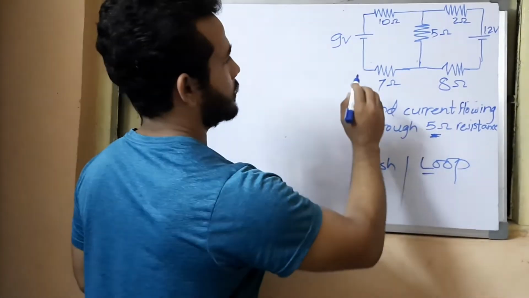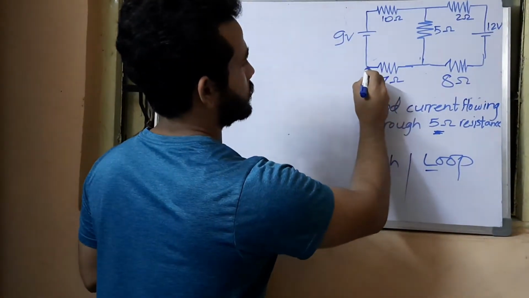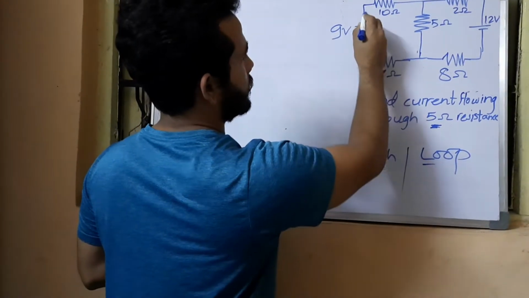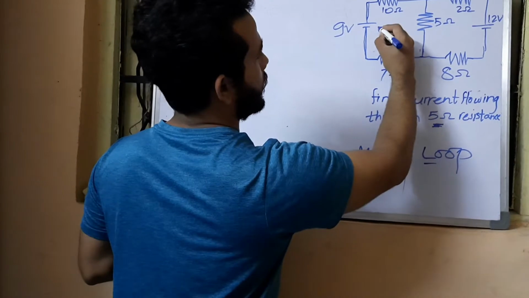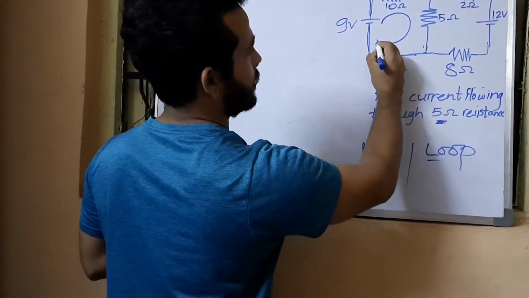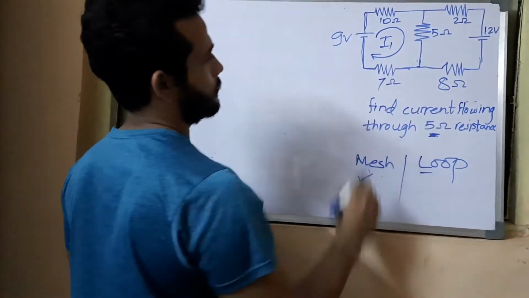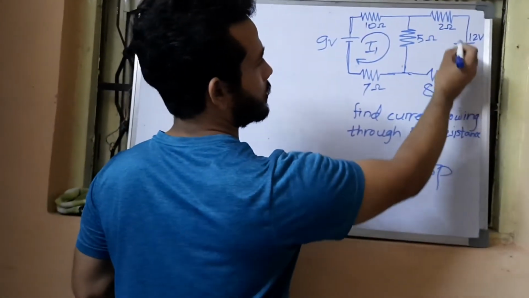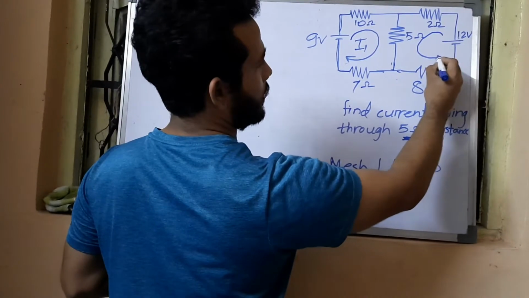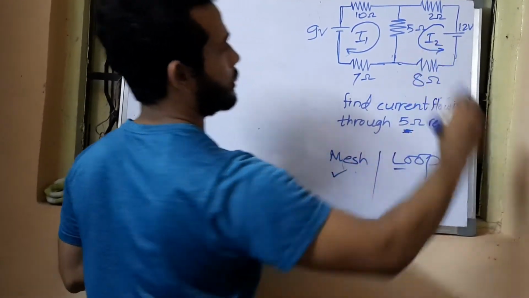So here is one closed path. This is mesh 1. I say current I1 is flowing through this mesh 1. Here is another closed path.